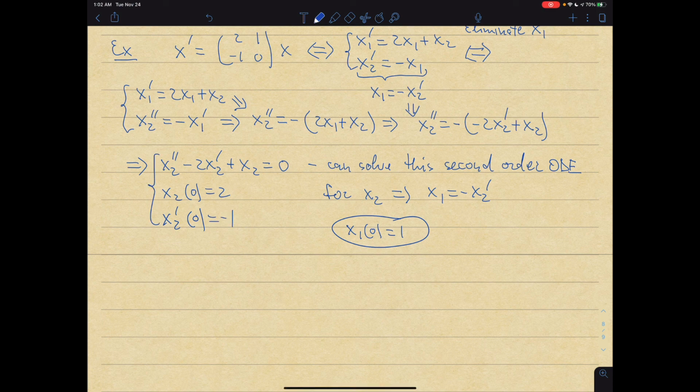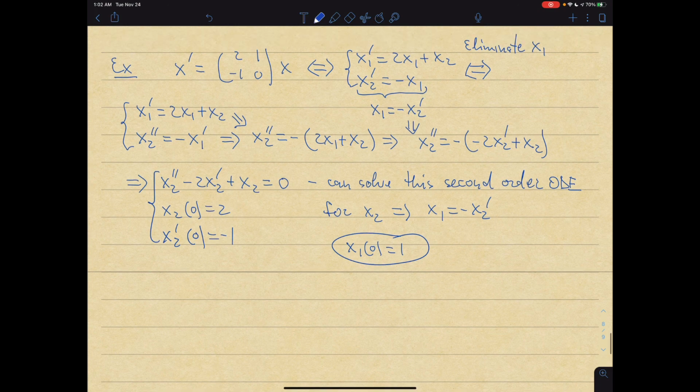So the initial value problem for this system, for this vector value problem, can in fact be rewritten as the initial value problem for just a second order equation.